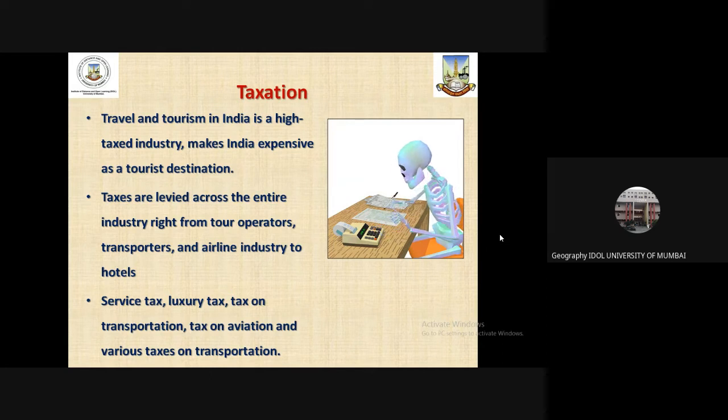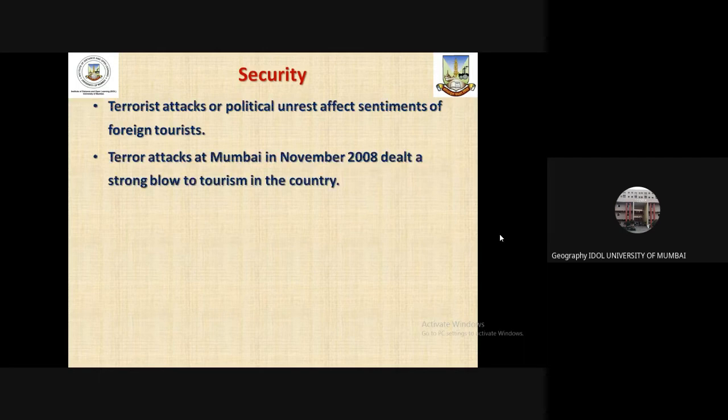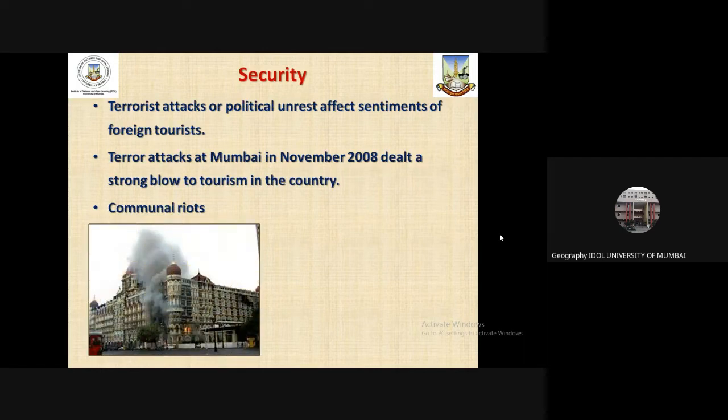Therefore, the service tax, luxury tax, tax on transportation, tax on aviation, and various other taxes, even entry fees at the place of destination, become a very difficult task or very expensive affair for foreign tourists, and then their budgets most of the time fall and they do not prefer to come to India. So taxation needs to be revised if at all we need to develop India's tourism sector, particularly international tourism.